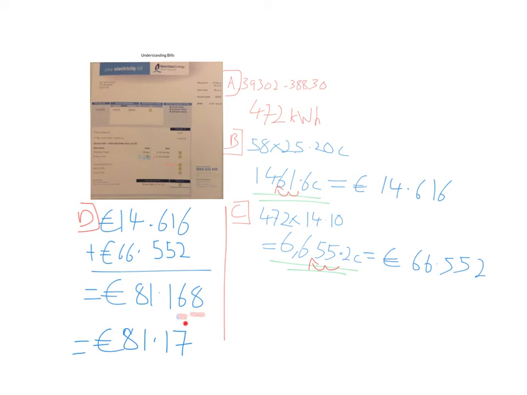So that means that 6 gets bumped up to 7. If it was 81.164, then this number here would be less than 5, so it would stay as 6 here. If you aren't sure about how to round decimals, just ask me please in class.